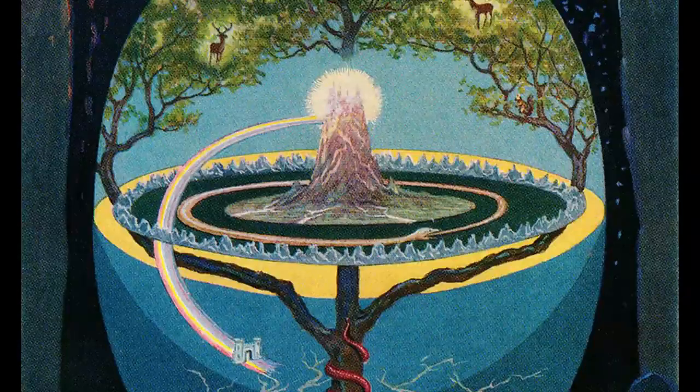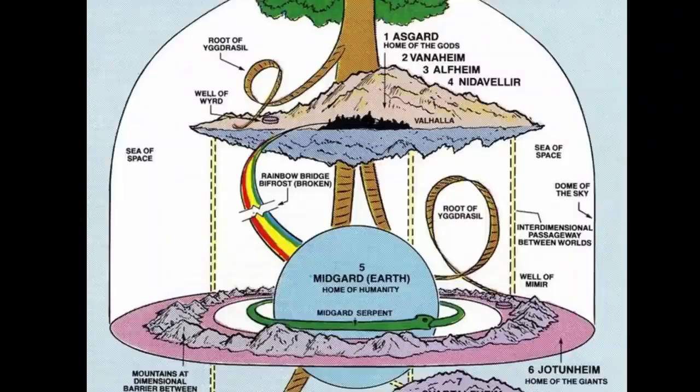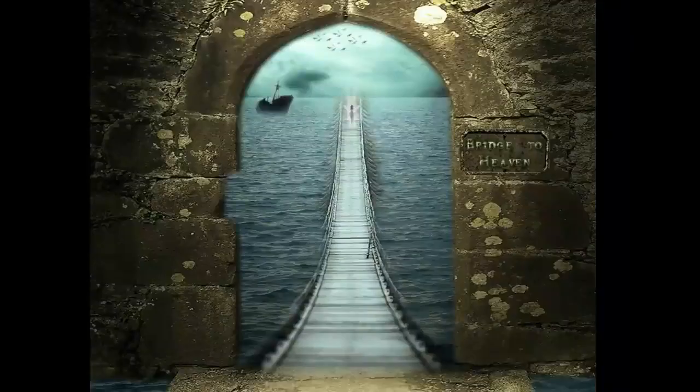A path between heaven and earth. Between Midgard and Asgard. Bifrost means the swaying road to heaven. In Islam, it is called Al-Sirah, the narrow bridge people must pass in order to enter paradise.